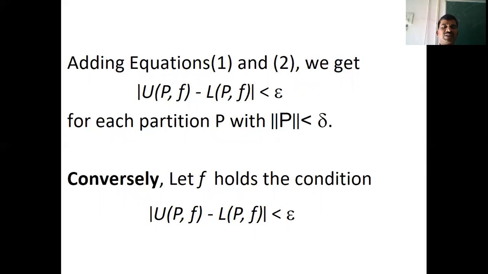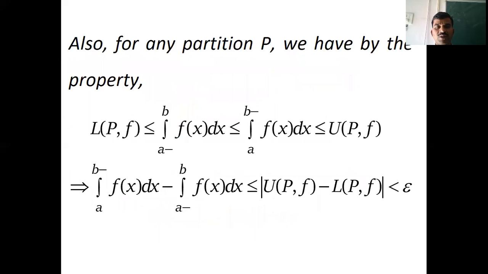Now we shall see conversely that the condition is sufficient. Conversely, suppose the condition holds, that is U(P, f) minus L(P, f) is less than epsilon. Then for any partition P, from the property we derived in previous sessions, L(P, f) is less than or equal to the lower integral, which is less than or equal to the upper integral, which is less than or equal to the upper sum.